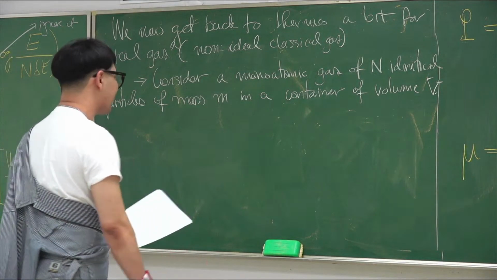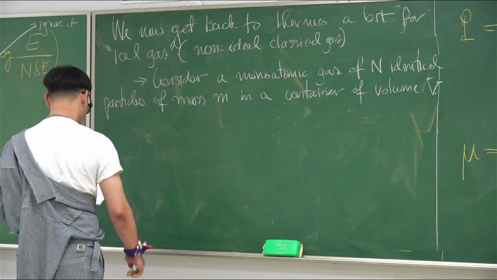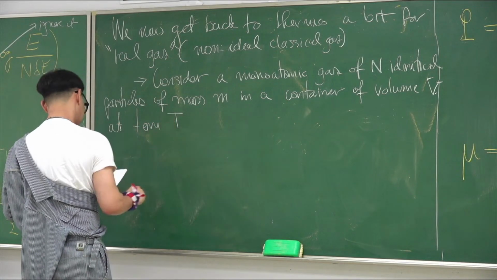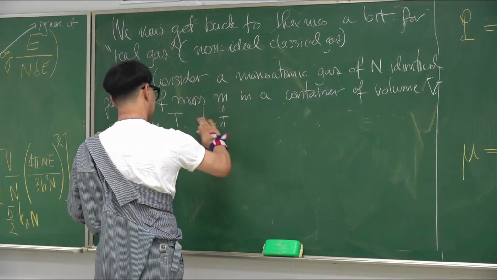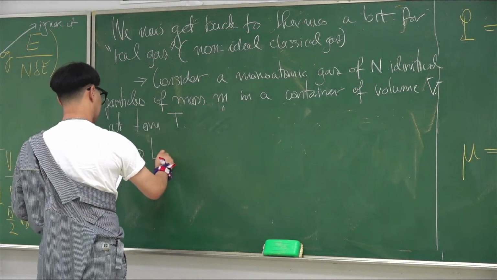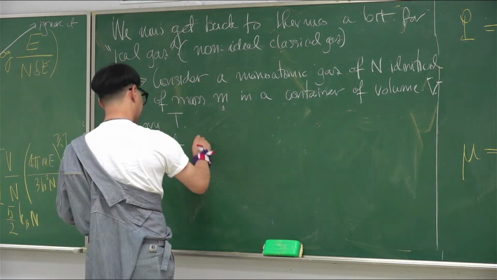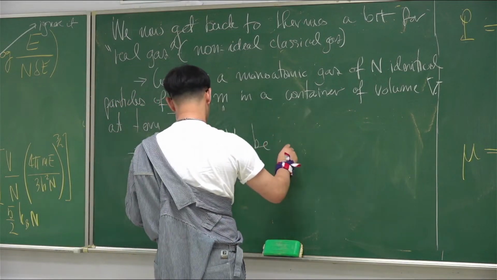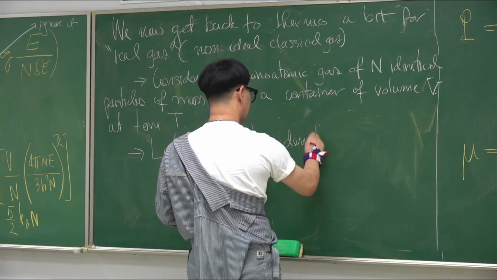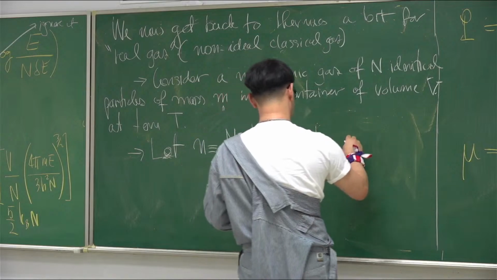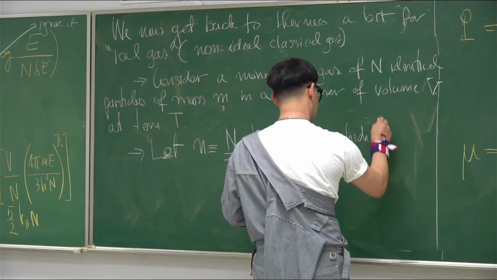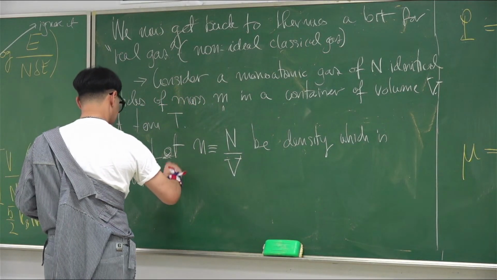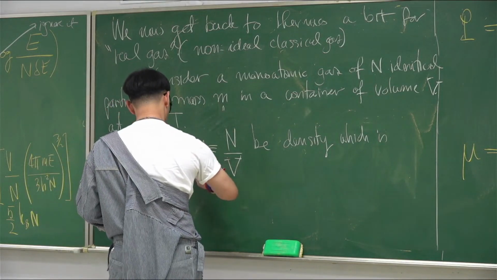Okay, so we have this kind of monoatomic gas with N identical particles with mass m in a container with volume V at temperature T, right? And now let the density be very low.